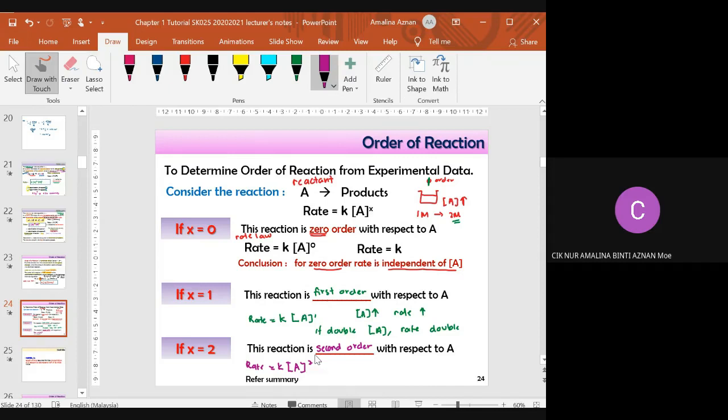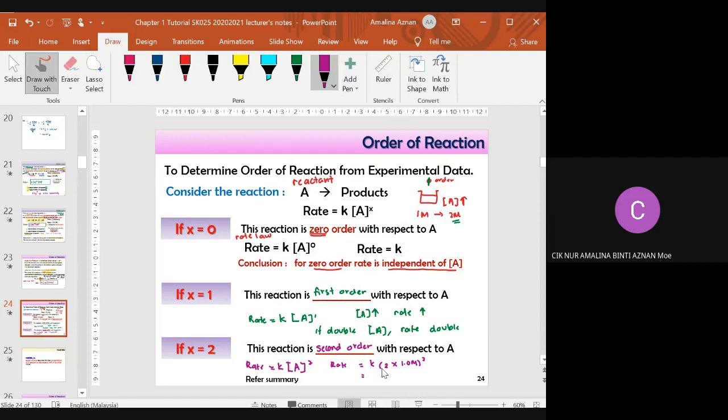Let's say I give an example: rate equals k, 1 molar increased to 2 molar, so 2 times the original 1.0 molar, to the power of 2.